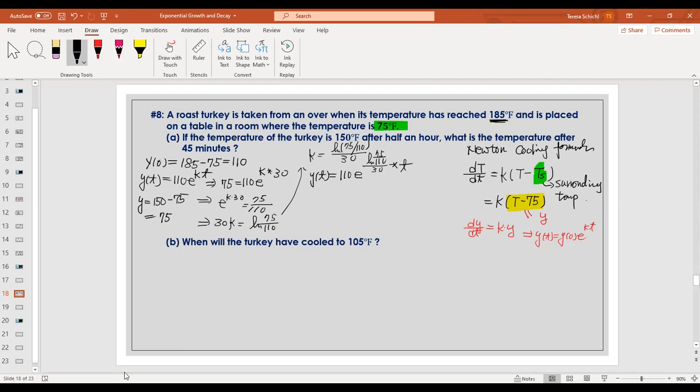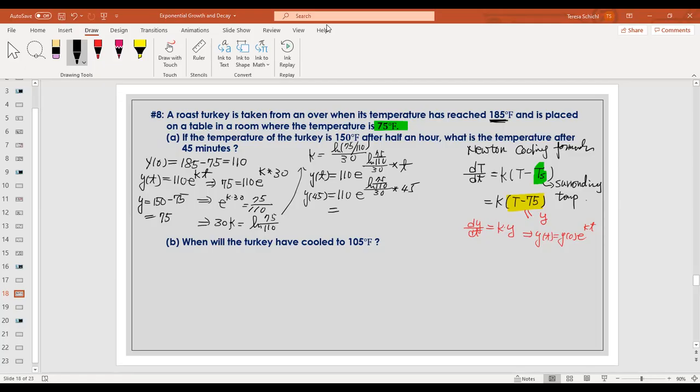So what is the temperature for the 45 minutes? So you will say y(45) will just be 110 e to the (1/30) natural log 75/110 times 45 here.